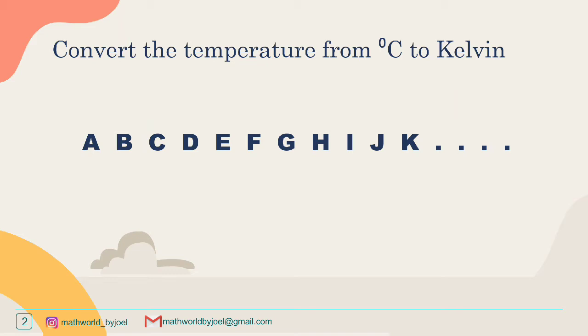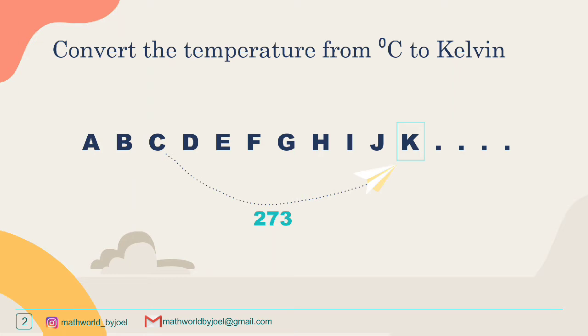Let us say I have walked from C to point K by taking 273 steps. That is exactly how you will convert degrees Celsius to degrees Kelvin. Whatever the temperature is, just add plus 273 to it.